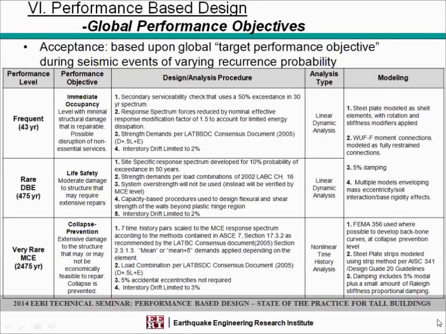At that time was still the debate about serviceability level and immediate occupancy at that level, rare GBE type earthquake 475, and also very rare event, the 2475. We had to deliver to these performance objectives, and the procedure that was used, the analysis type and modeling, and the modeling techniques pertinent to this system and its configuration and its components and the available sources.